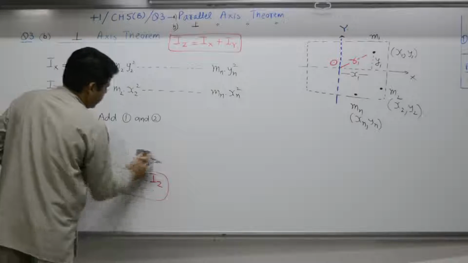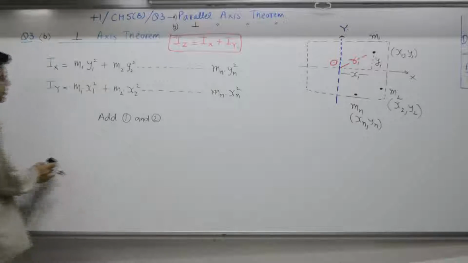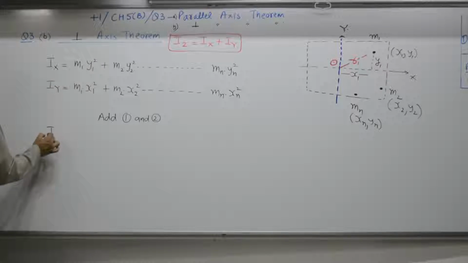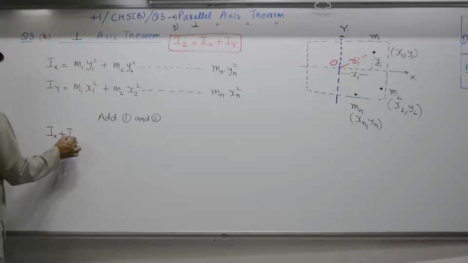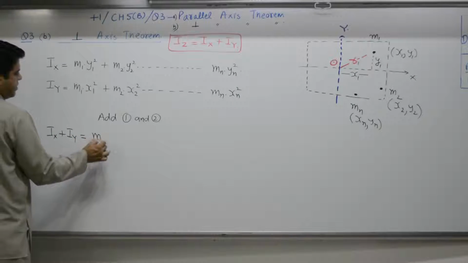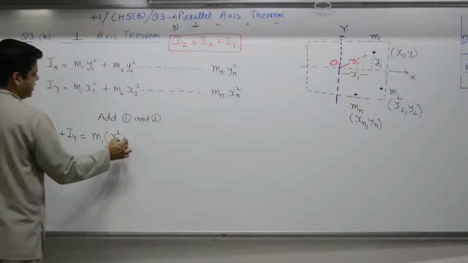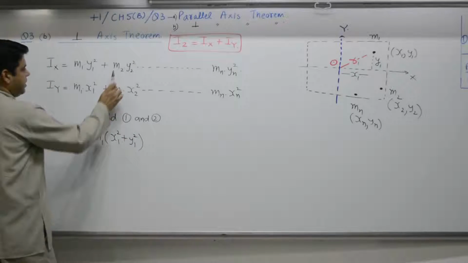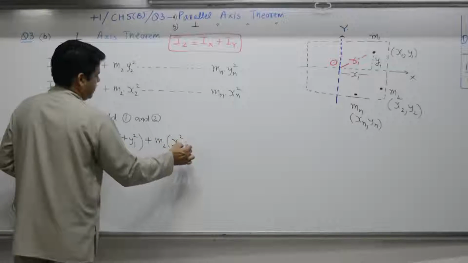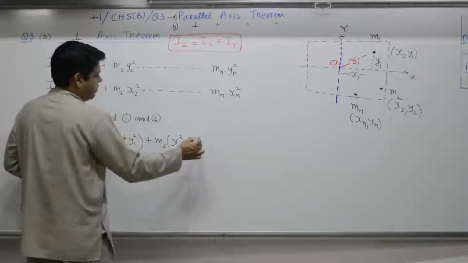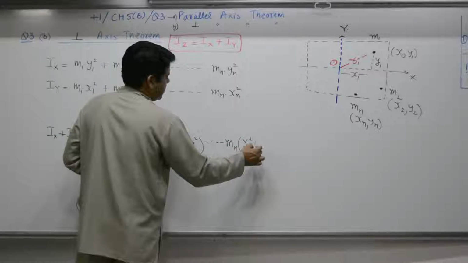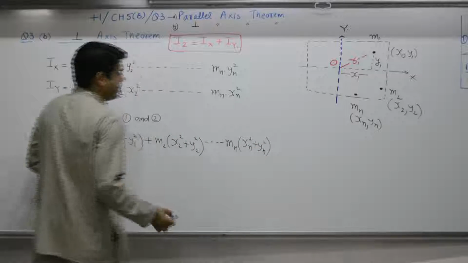Again, add the two. Add equation number 1 and 2, what you get is Ix plus Iy is equal to m1 (x1 square plus y1 square), m2 (x2 square plus y2 square), and for the nth particle, mn (xn square plus yn square).